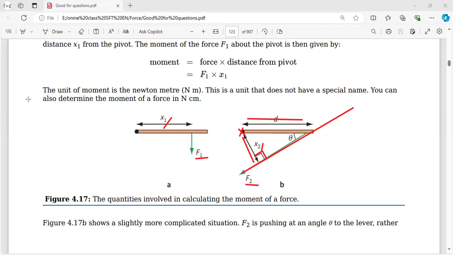So how to get the x2 value then? How to get the x2 value? You can resolve the forces, right? Since it is a right triangle, you can use Pythagoras, or you can just take the value as d cos theta, right?